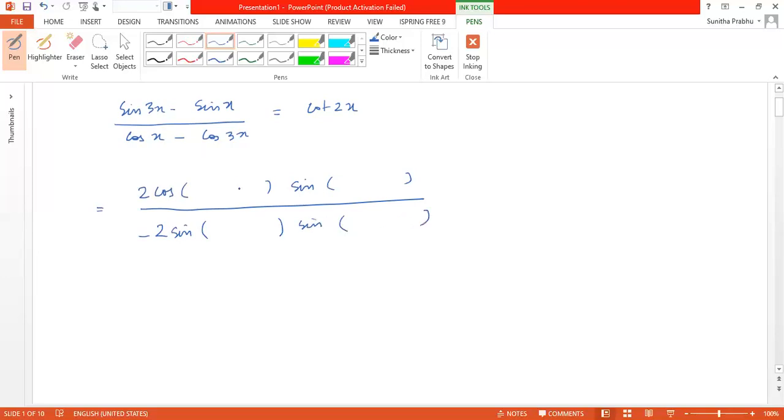Now you plug it inside. So now you'd have 3 plus 1 divided by 2, which is going to be 2x, and then 3 minus 1 divided by 2, which is going to be x. And then on the denominator, you have x plus 3x divided by 2, which is going to be 2x, and then x minus 3x divided by 2, which is going to be minus x. Very good. So sine of minus x will be minus sine only. You understood?